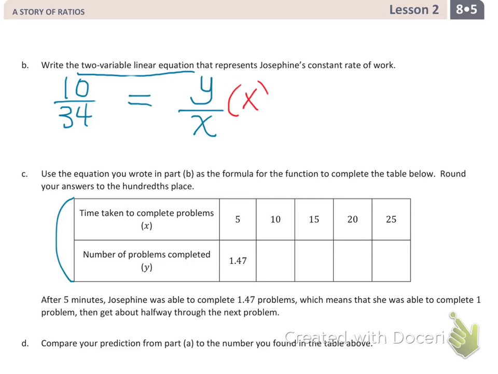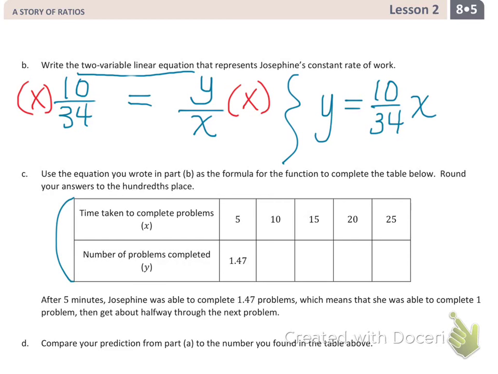I multiply both sides by x. I'm going to get this equation in the form that I want it. So it's going to look like this. Let's write it over here. Y is equal to 10 over 34 times x.